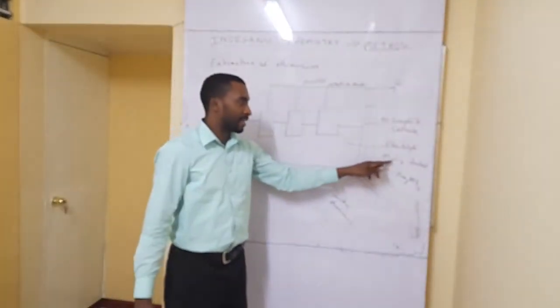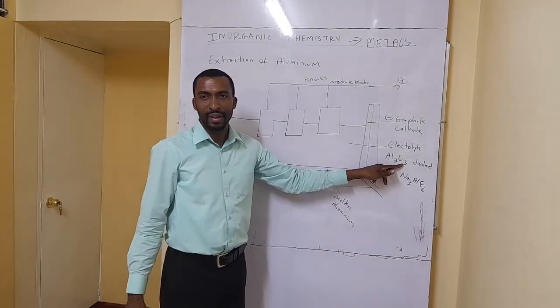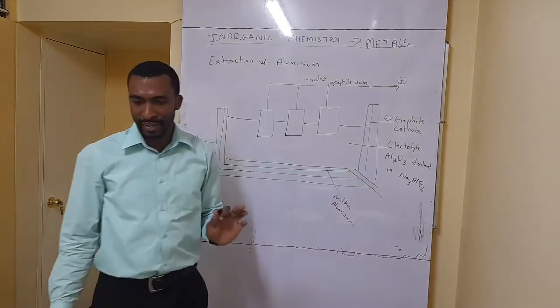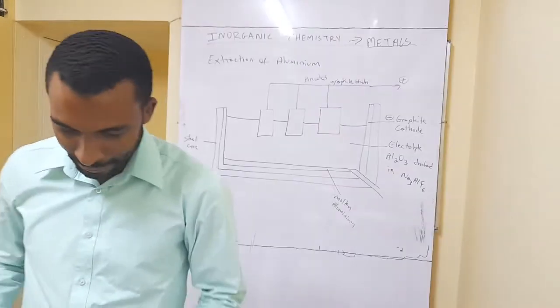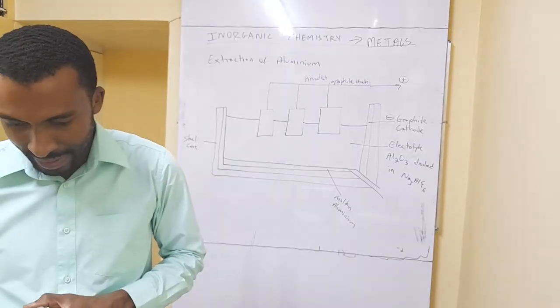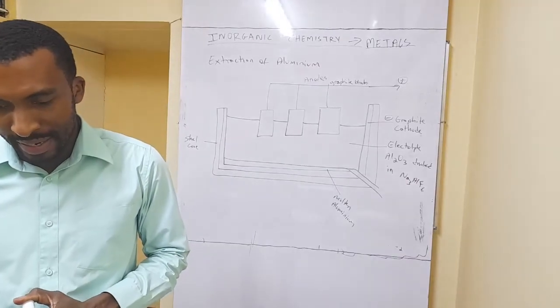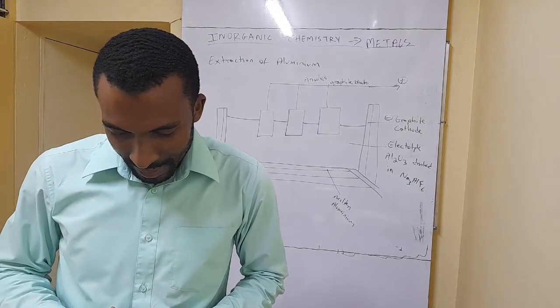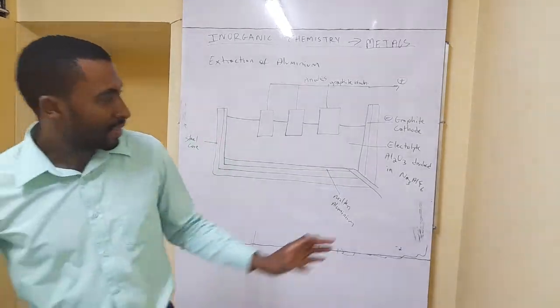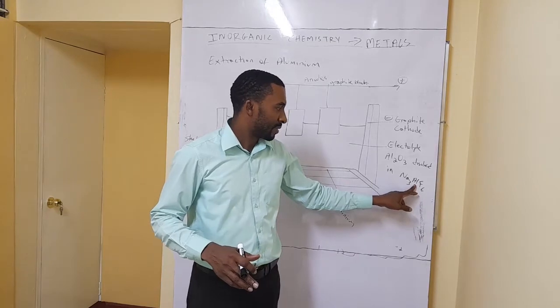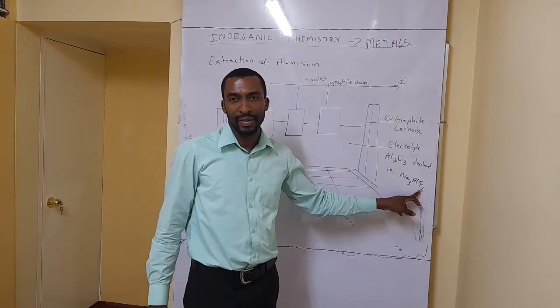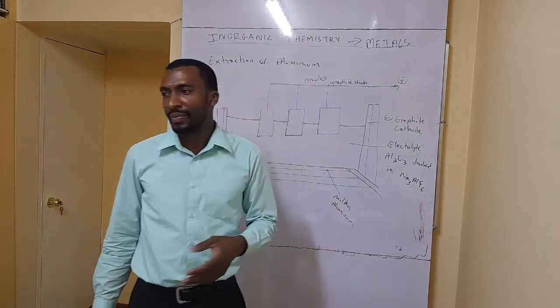The melting point of aluminum oxide would be like 2050 degrees Celsius. Alright? But the cryolite, which is the sodium aluminum fluoride, the melting point would be about 950 degrees Celsius, right?